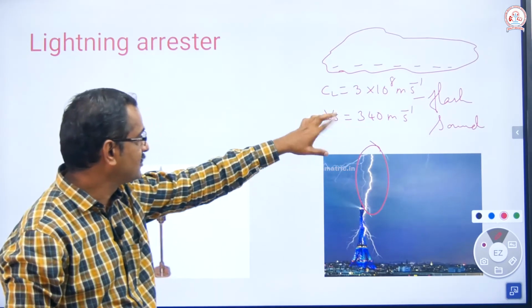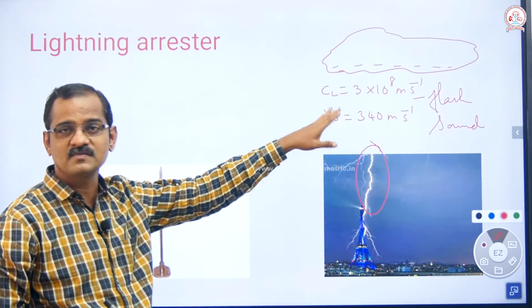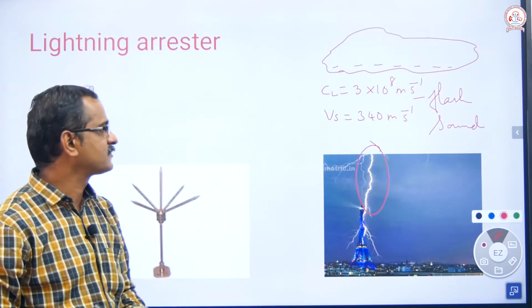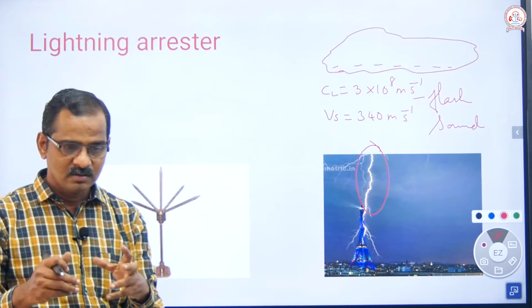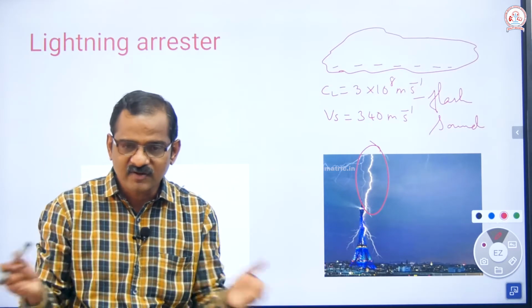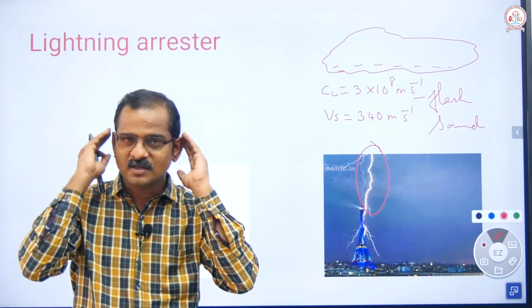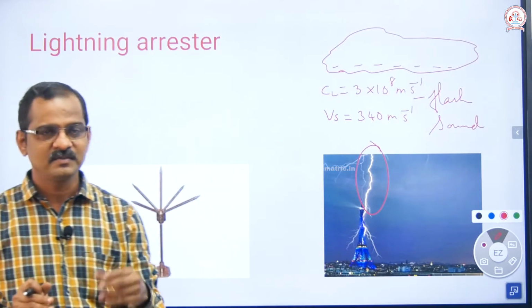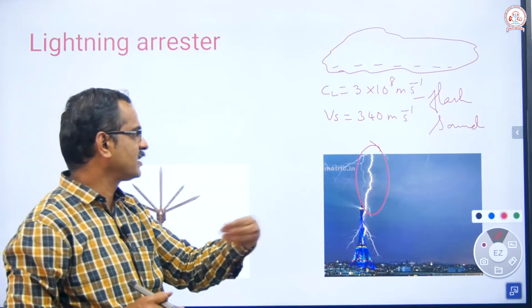You just compare these two, it's very, very less. So we see the light first, we see the flash first, and we hear the sound after some time, after a few seconds or microseconds.